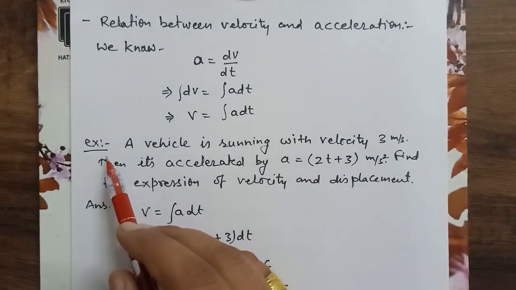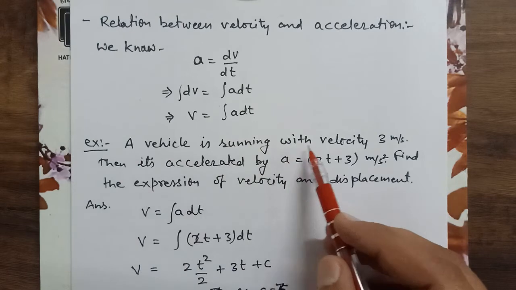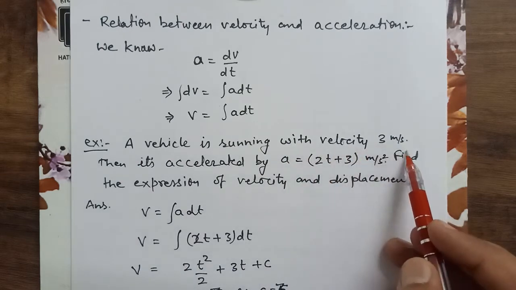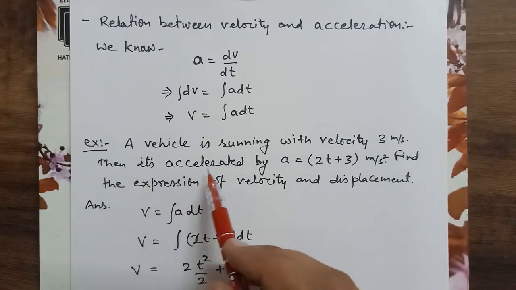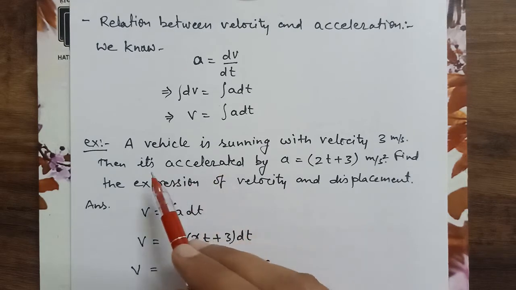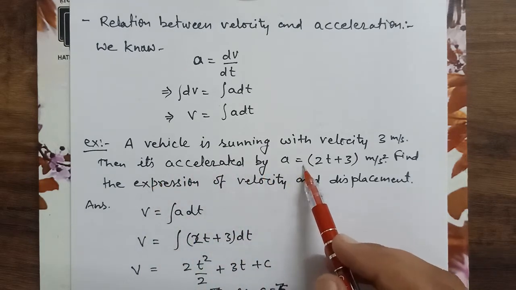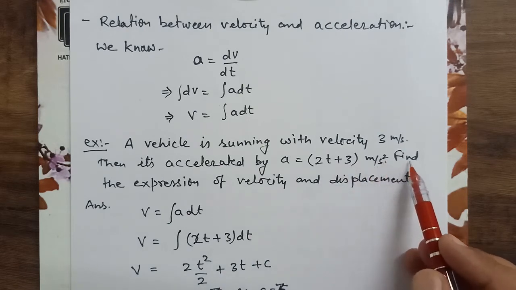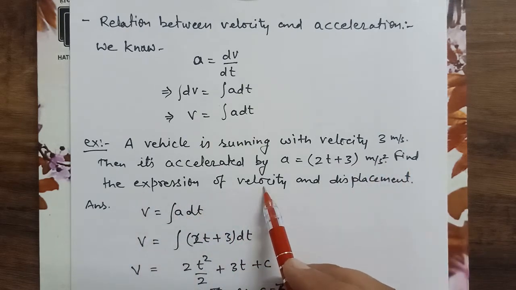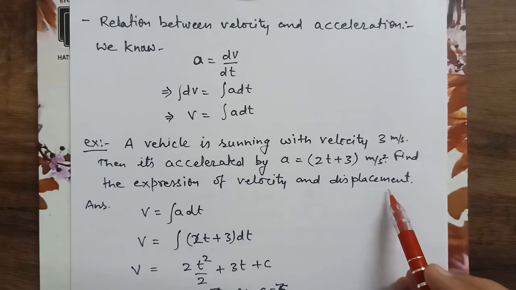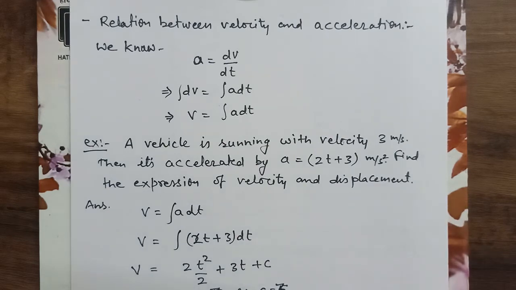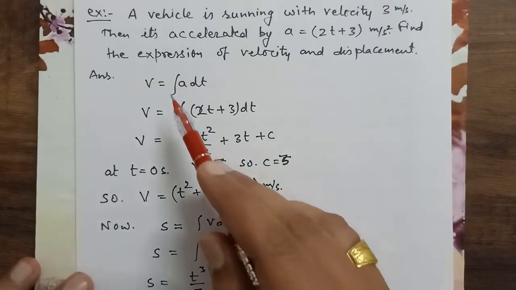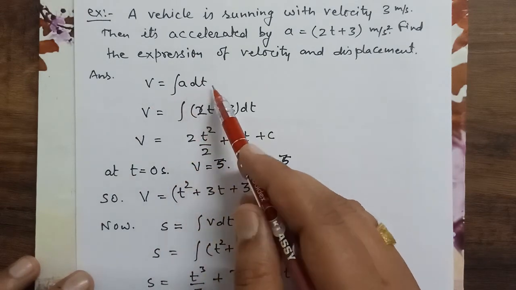Let's do an example. A vehicle is running with velocity 3 meter per second. Then it is accelerated by a = 2t + 3 meter per second square. Find the expression of velocity and displacement. How will we go through this? So let's see, v = ∫a dt.